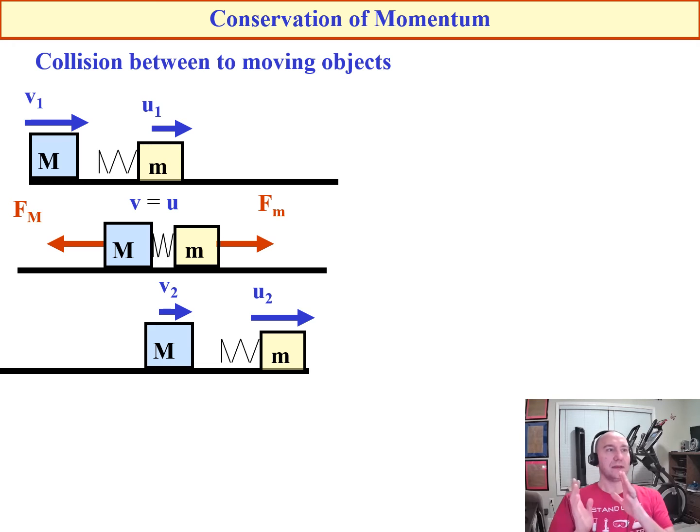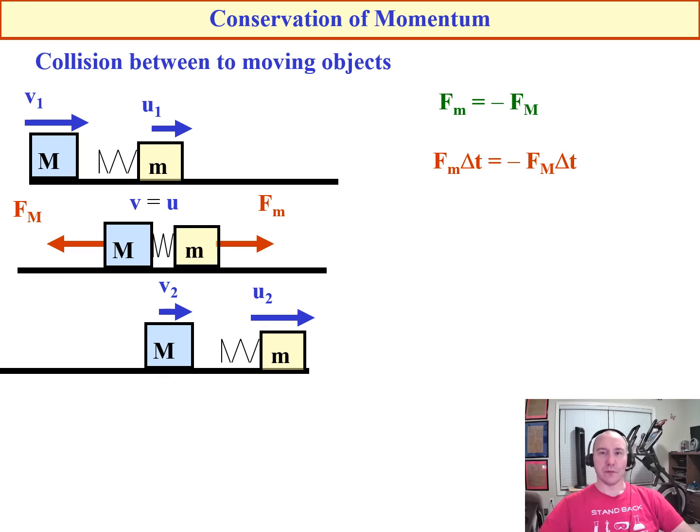Not only are they applying the same force in opposite directions, but large M is in contact with small m for the same amount of time that small m is in contact with large M. So if we take the impulse, and we multiply each of these forces times the amount of time that they're in contact with each other, then you see that the impulse of small m and the impulse of large M are going to be equal and opposite as well.